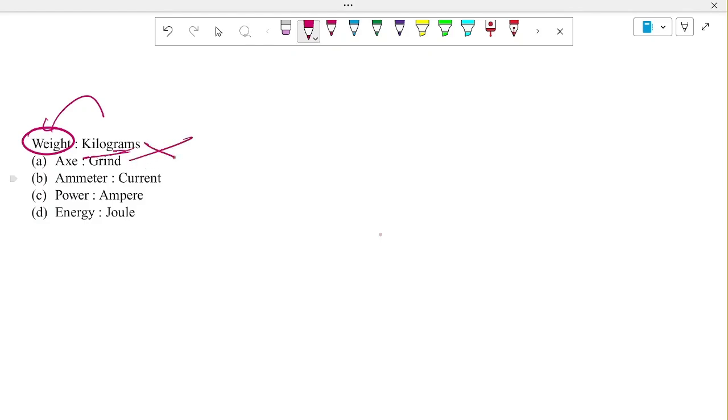So X, this will not come. We'll actually use ammeter to measure current. It is an instrument, and then this is a physical quantity, right? But what is the answer here in this case? You need to have unit here. In the second place, you need to have unit. We have got unit here and we have got unit here in the second place.